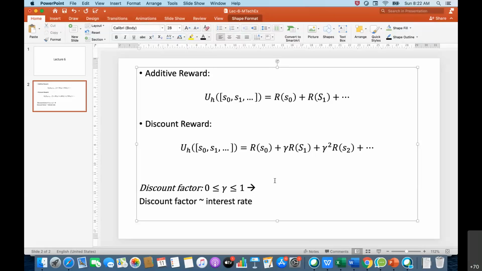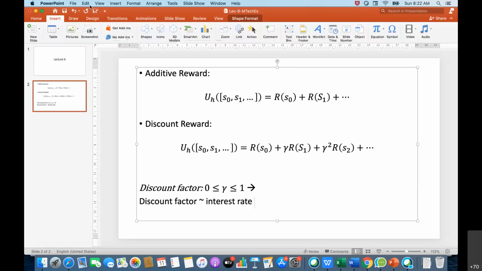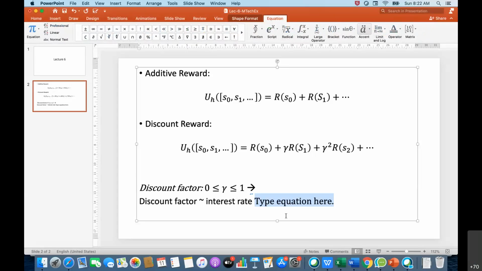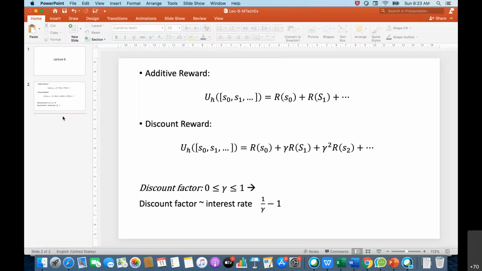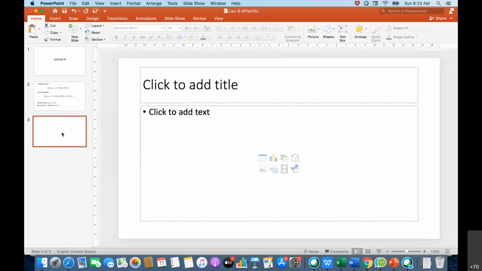Interest rate is 1 by gamma minus 1. So this is what we treat to be the interest rate, and the interest rate is actually equivalent to our discount factor. This is the thing that we have discussed.